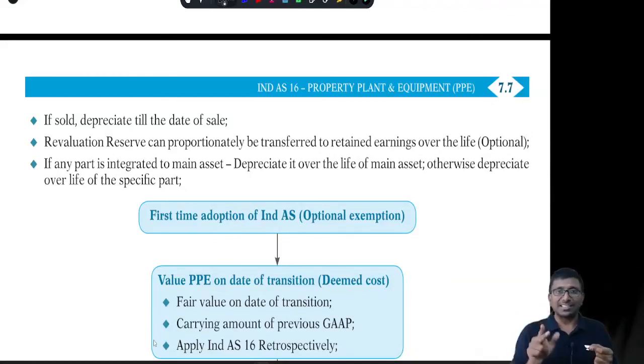So how much is excess? 39. So every year, assume for the next 3 years, 39 extra is getting charged. First entry: depreciation expense account debit to fixed asset 139. If the company wishes to follow this, then revaluation reserve account debit to retained earnings 39. This is an optional way, which is discussed in the classroom.